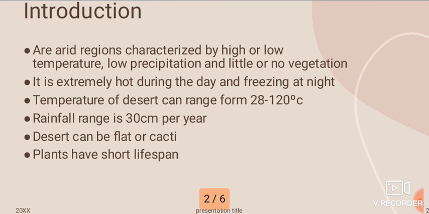Desert ecosystems are arid regions characterized by high or low temperature, low precipitation, and low or no vegetation, which means that in desert there are hot or low temperatures, and there is low rainfall, which is what they mean by low precipitation.